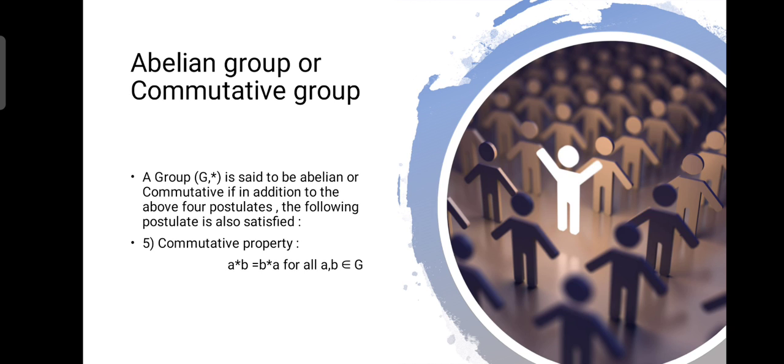If it is the same, then we say that it satisfies our commutative property, and our group becomes an abelian group, or we can say it is a commutative group. Or basically, in symbols, we can say A star B is equal to B star A for all A, B belonging to G.